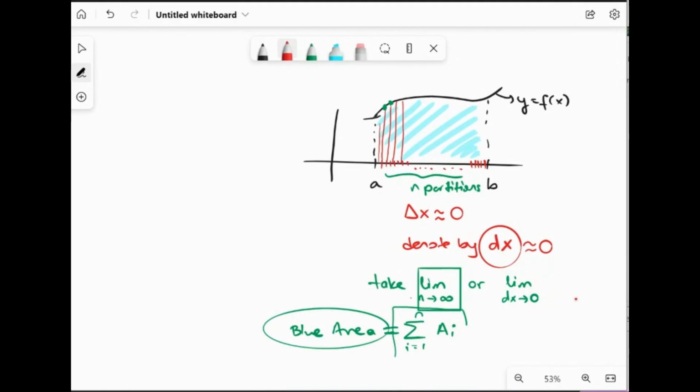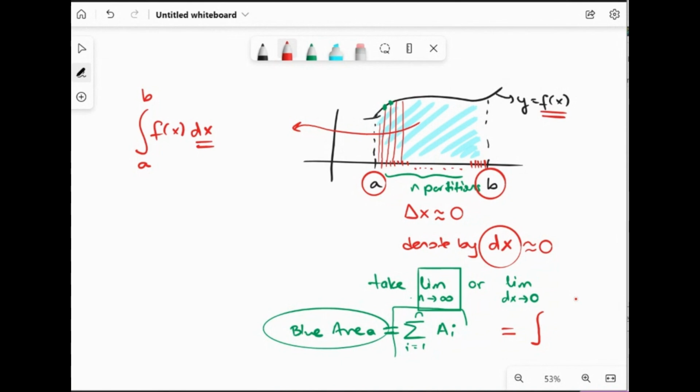This is what we will be calling the integral. So the integral from the point a until the point b of this function f of x dx.